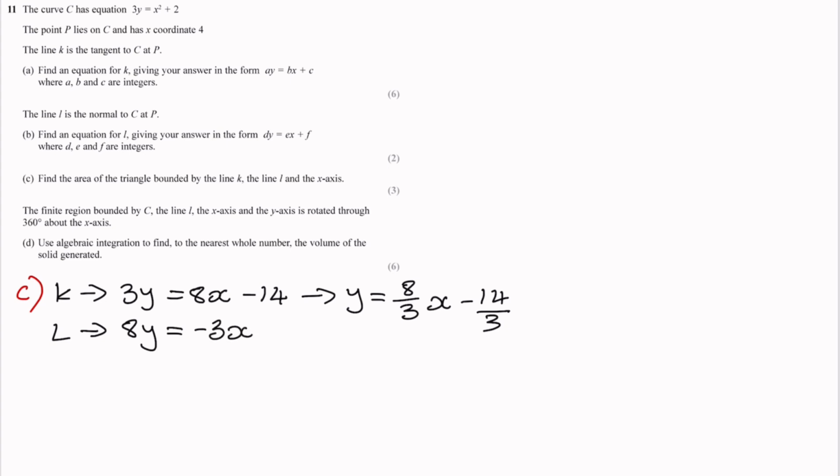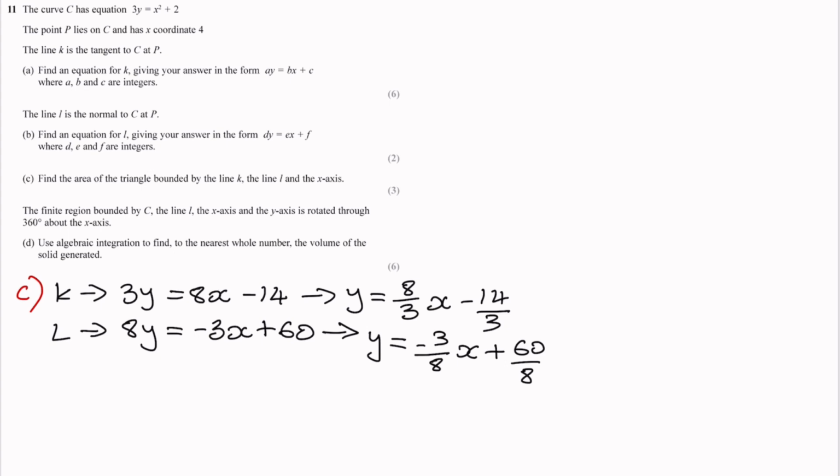Again, I'm going to rewrite this as y equals, so it's easier to sketch. So minus 3 over 8x plus 60 over 8.